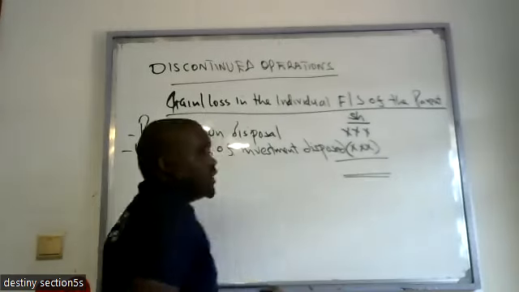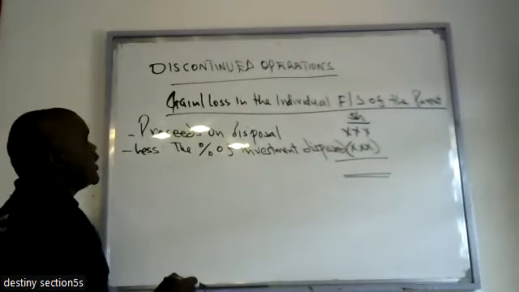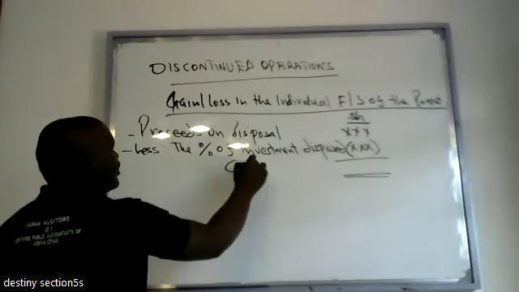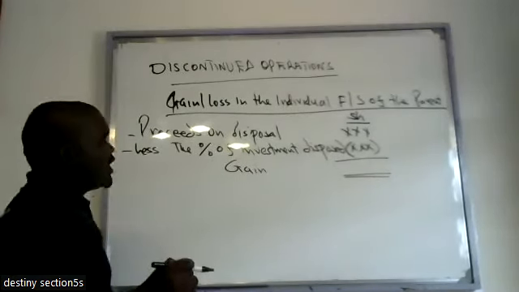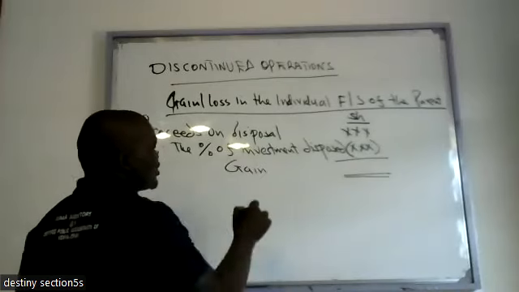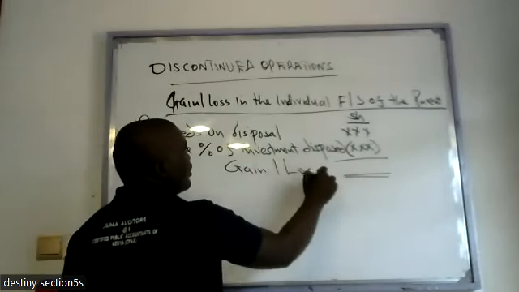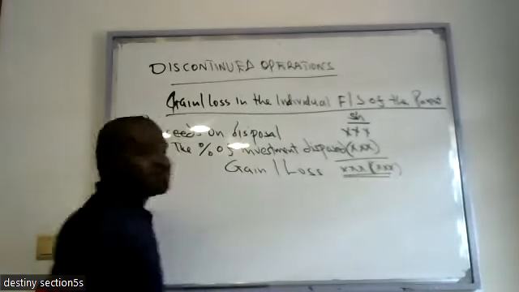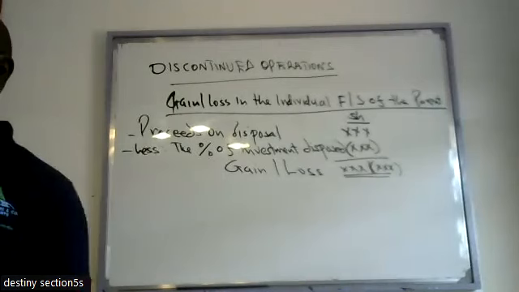Then whatever you get, if the proceeds is more, then we talk of a gain. If the proceeds is less than what you are disposing, then we talk of a loss there. So it will depend. So have that.